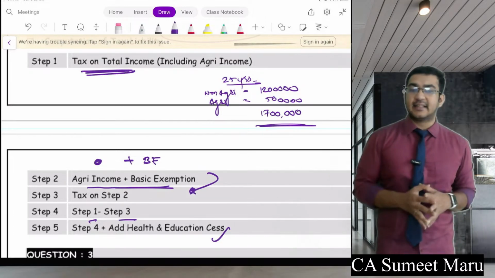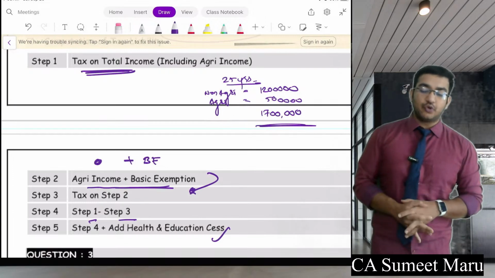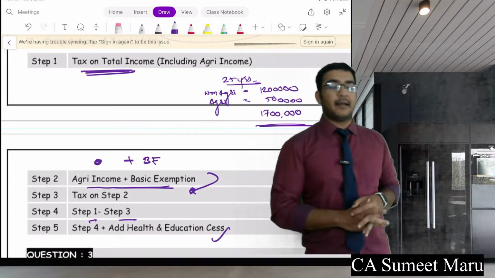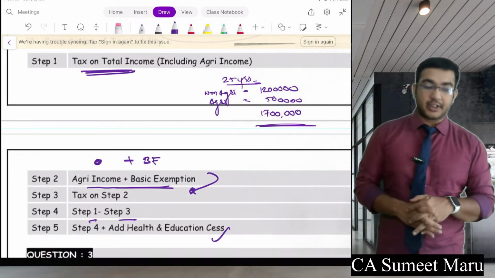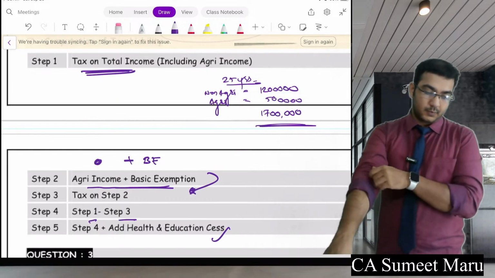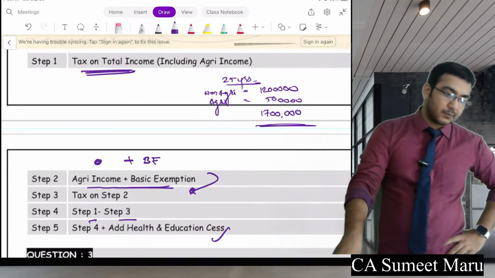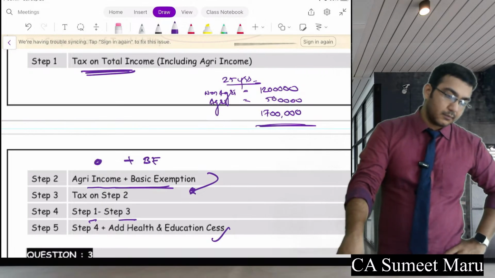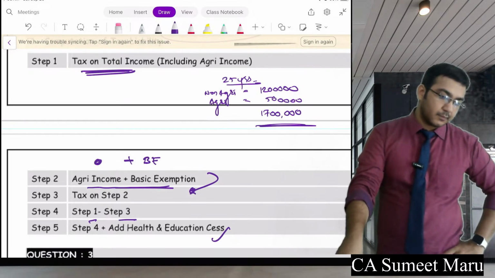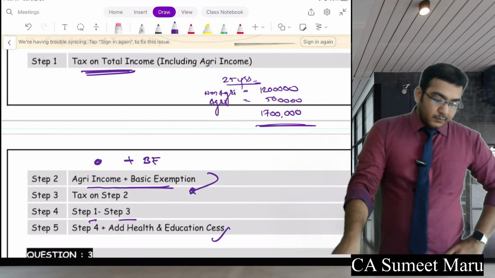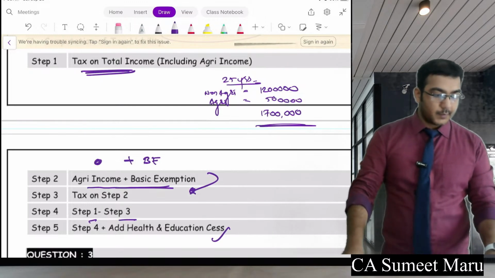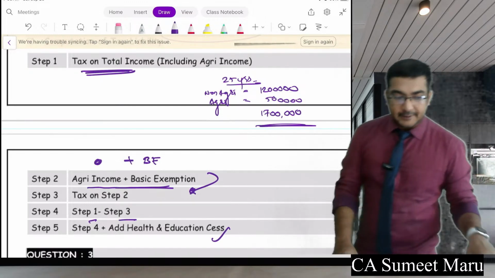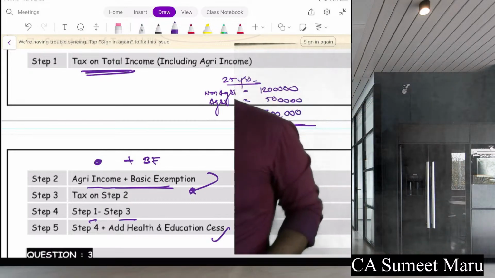How much would be the tax for this individual having 12 lakhs as basic income and 5 lakhs as agriculture income? Yes, please solve it, I'm here. Give me the answer.